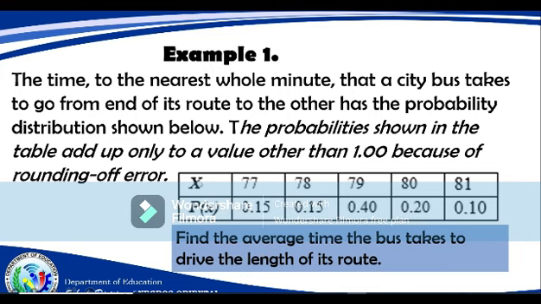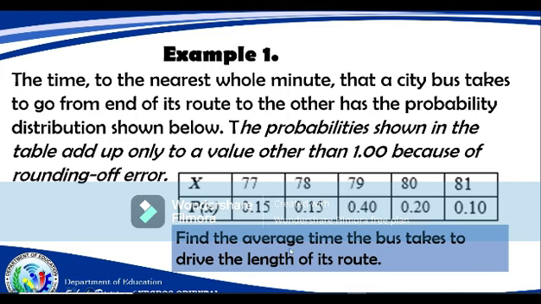So you have here the probability distribution table. You have here x is 77 with probability 0.15, x is 78 with probability of 0.15, then we have 79, probability is 0.40, with 80, probability is 0.20, then 81, the probability is 0.10.